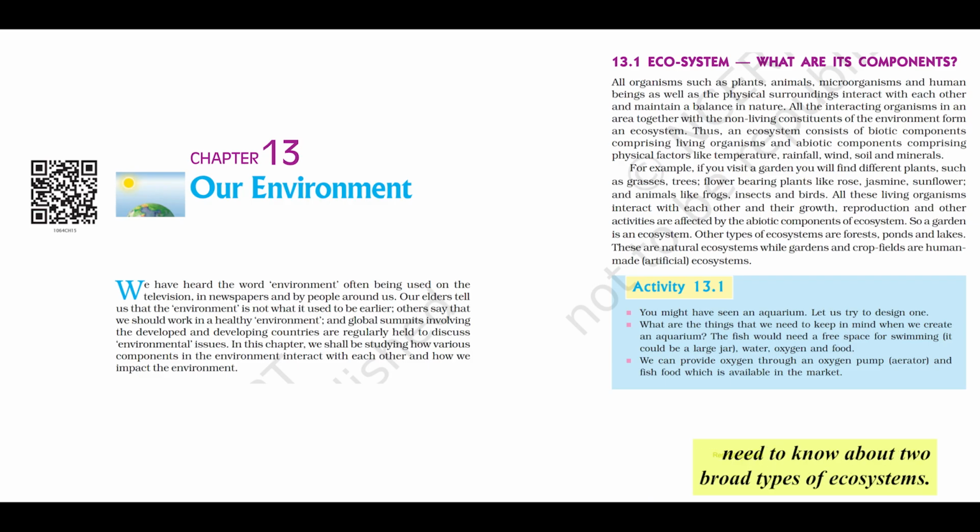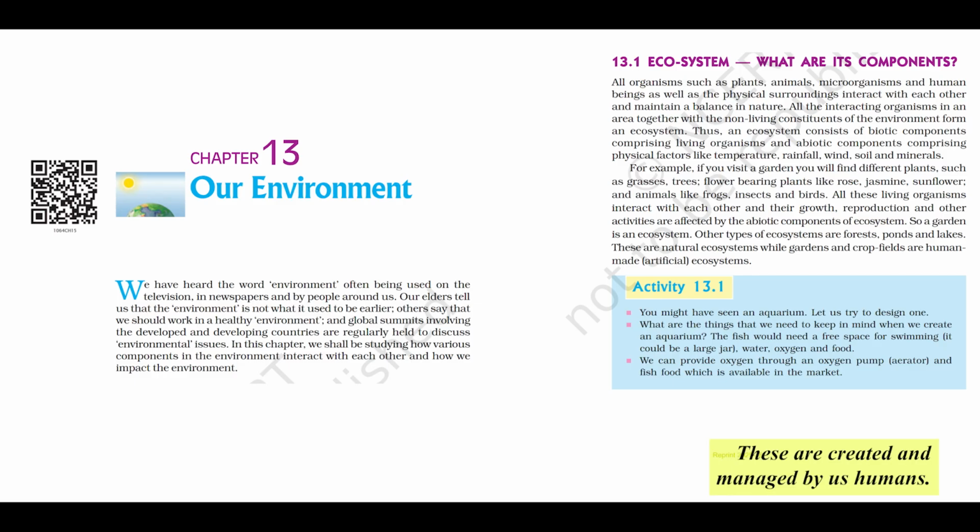Now, for exams, you need to know about two broad types of ecosystems. First, natural ecosystems. These are the ones that exist, well, naturally, without much human interference. Like forests, or maybe a lake. Precisely. Think of the huge forests in the Western Ghats, or a village pond, or Dal Lake in Kashmir. They run on their own natural cycles. Then you have human-made or artificial ecosystems.